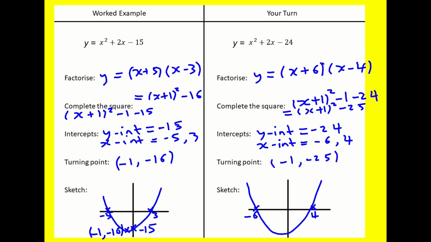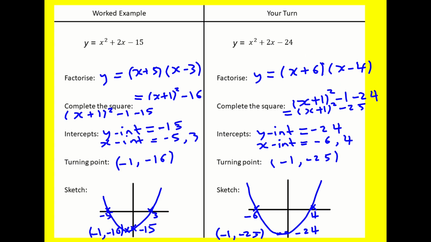It's a happy quadratic again. This is going to be minus 25. Sorry, minus 24. And this point here, my turning point, is going to be minus 1. It all makes sense, like it's in the right place and everything. Okay, that is a solid sketch of a quadratic, and it's quicker.